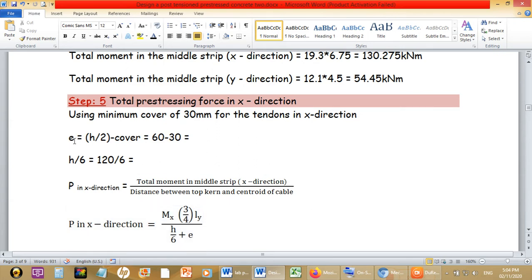Now to get that eccentricity, the basic principle of this design is that when we provide the maximum eccentricity, we require the minimum prestressing force, meaning the minimum number of tendons.